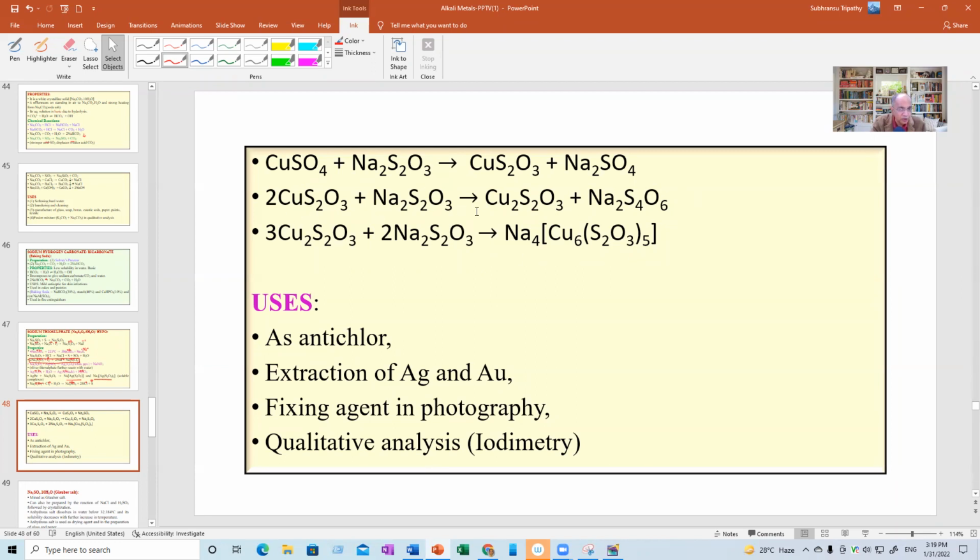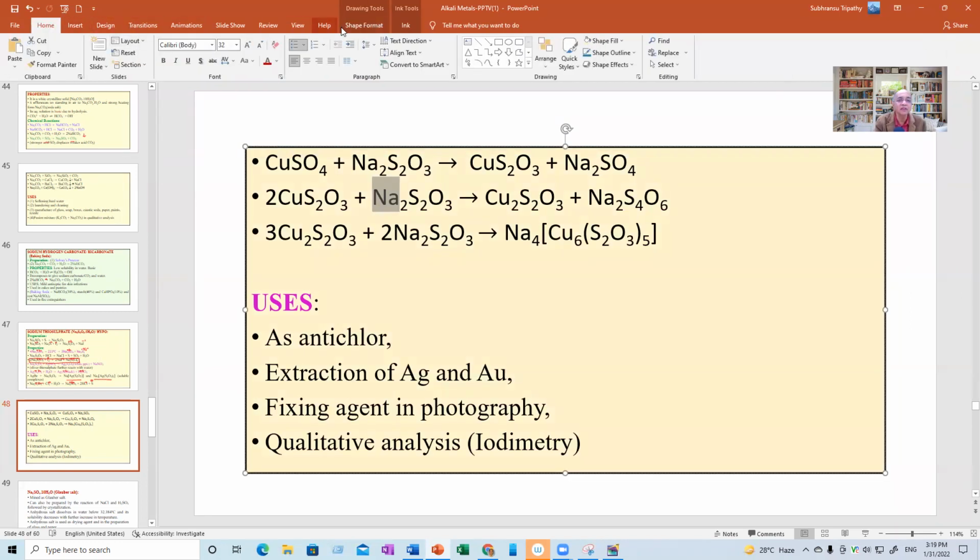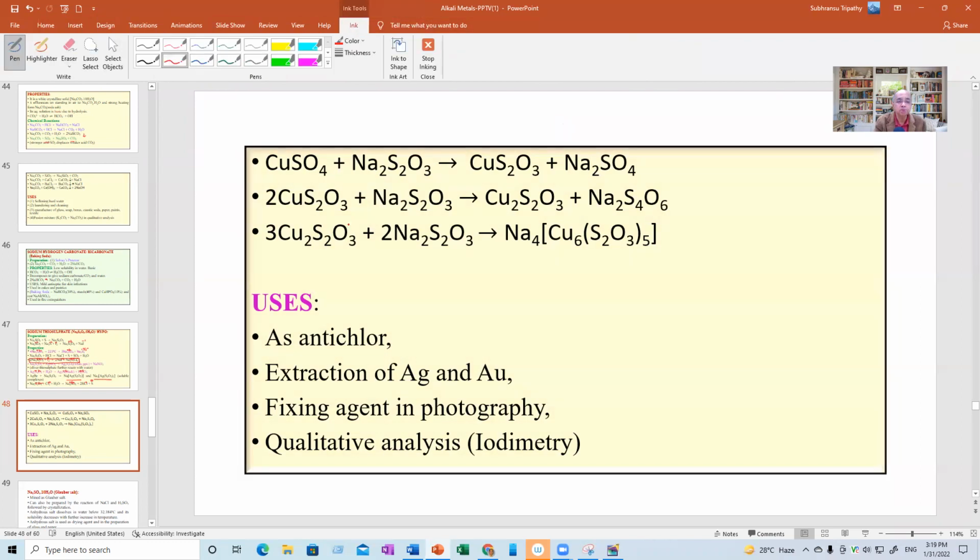So cupric becomes cuprous thiosulfate, and then cuprous thiosulfate with excess sodium thiosulfate gives you a very, very big complex. This is sodium pentathiosulfato hexacuprate. Forget about it.